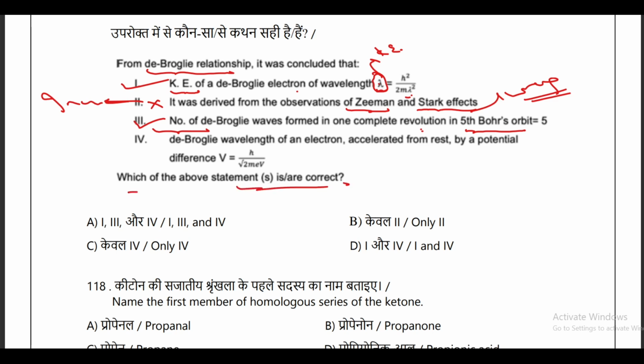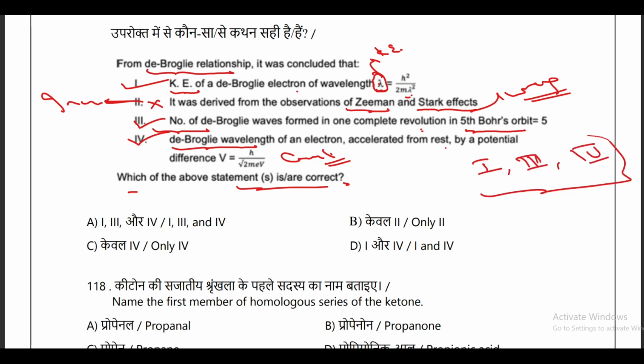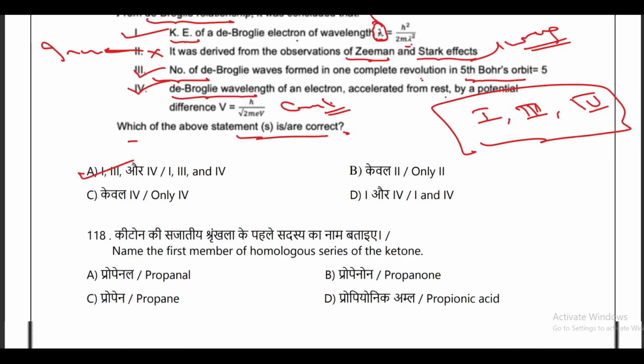And the fourth statement is de Broglie wavelength of an electron accelerated from rest by a potential difference this. So this option is also correct. So your correct statements are first, third and fourth, and this is in A option. So A option is the correct answer in this question.